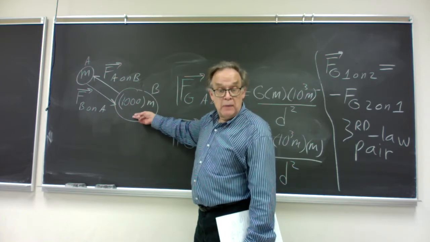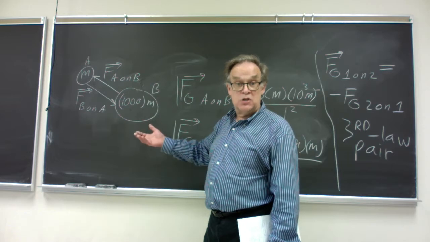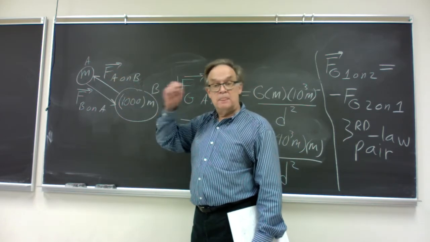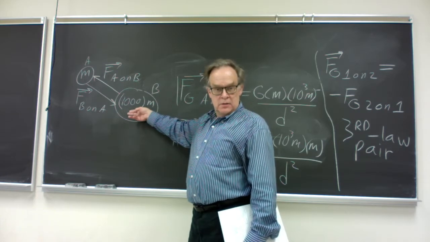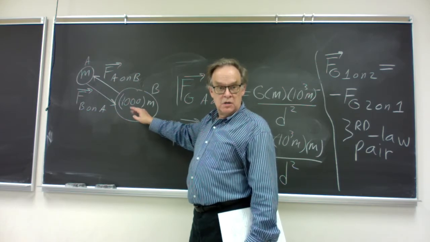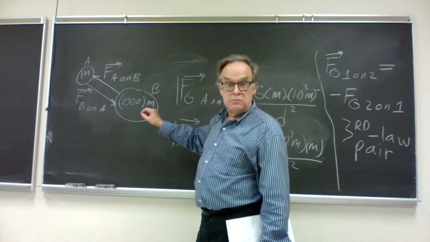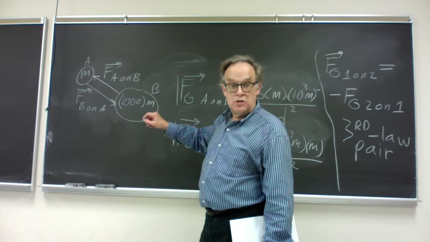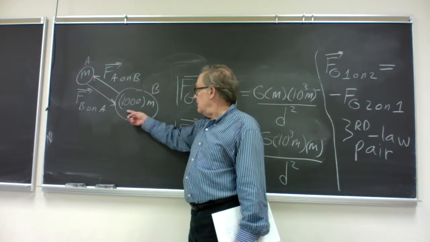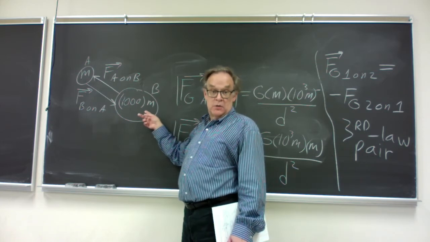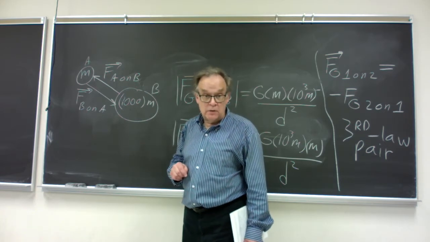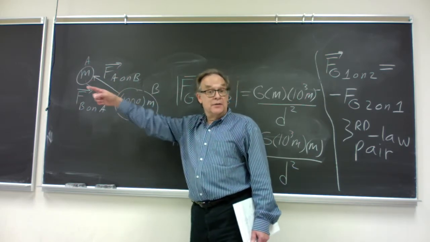But when B has more mass, that also means it's going to be 1,000 times more sensitive to gravitational forces that come from other places like A. So this 1,000 makes forces 1,000 times stronger when those forces have B as the source, but this 1,000 makes forces 1,000 times stronger anytime you have a gravitational force on B, as well as gravitational forces from B. It's 1,000 times more sensitive to gravitational forces that come from somewhere else, like A. So the force from A on B will be just as strong as the force from the big mass on the little mass, the force from B on A.